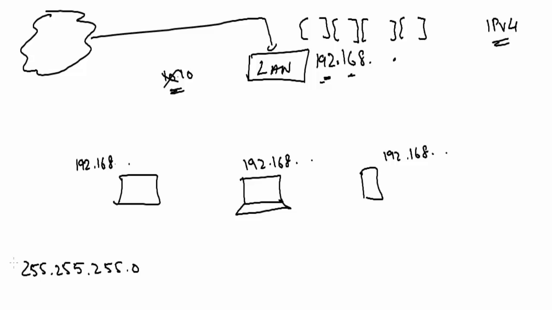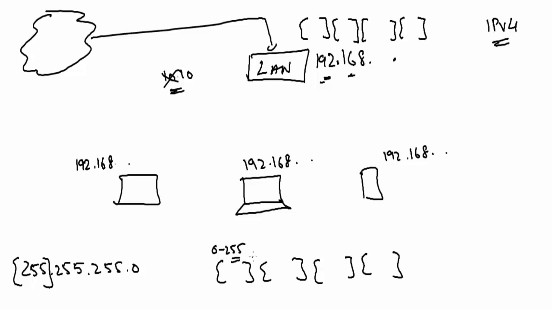Let us consider part by part. The first part says 255. In every part of your IP address, we have four parts, and every part can take any number between 0 to 255, which means 255 is the max.